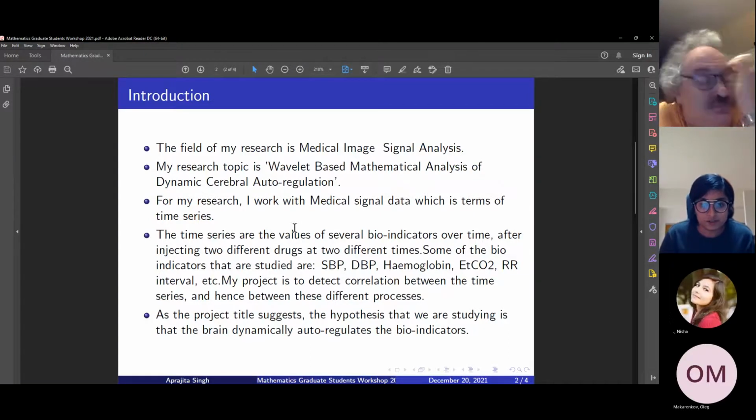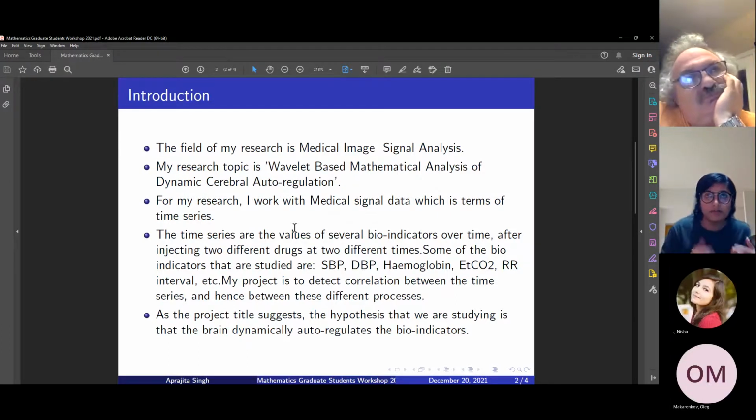So my project is to detect the correlation between the time series and hence between these different processes. In much simpler terms, it is about studying the dynamical impact.